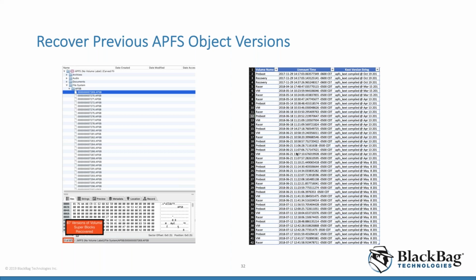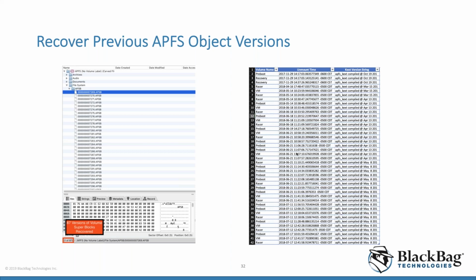So we can carve through the free queue and unallocated space looking for old versions of these objects. In this instance, we're looking for volume superblocks, which is just one specific type of object that we can carve for. And we were able to recover 87 previous versions of these volume superblocks.